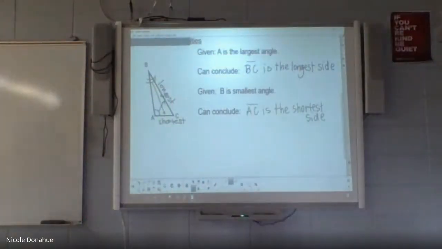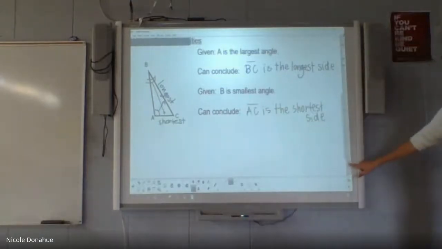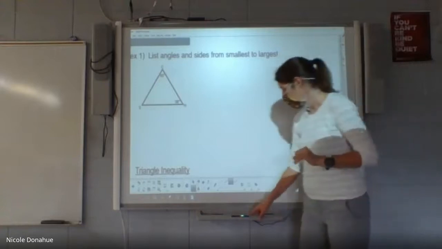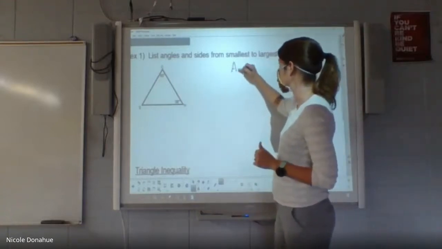So in example 2 there, I don't know why that's example 2, that should just be example 1. We want to list the angles and sides from smallest to largest. So they give us a triangle here, and they tell us some angles, and we want to list the angles and sides from smallest to largest.